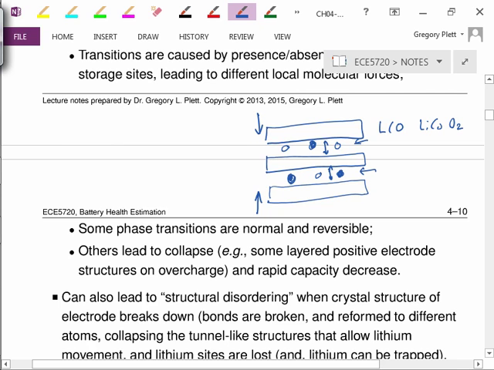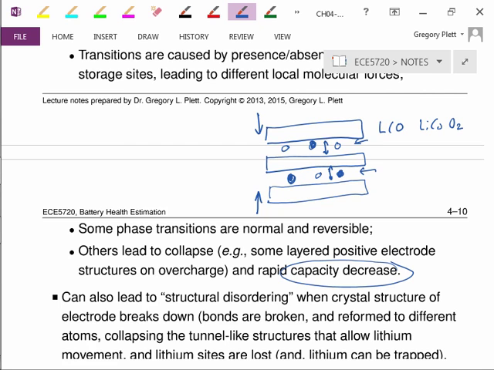So if I take out too much lithium, then I get layers collapsing, and I get a capacity decrease because I can't put lithium back into those layers. So remember, if I pull too much lithium out of the positive electrode, that means my cell overall is overcharged. So when I overcharge a cell, this is one thing that can happen.